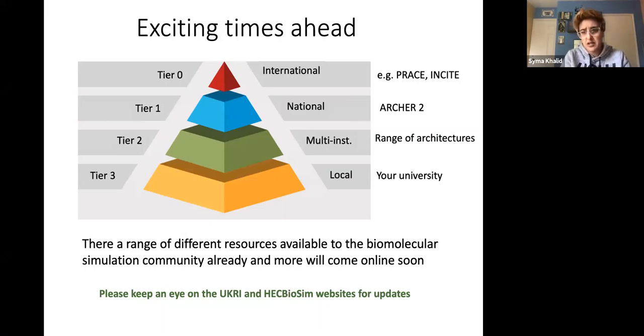So there's some based on CPUs, there's GPUs, there's ARM architecture, there's some that are hybrids of the different components. And the way things are moving is that in future, it will simply be a case of matching up the type of calculation you want to do with the architecture that's best designed for that.